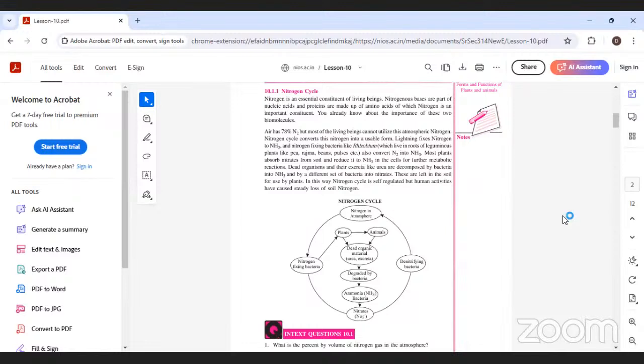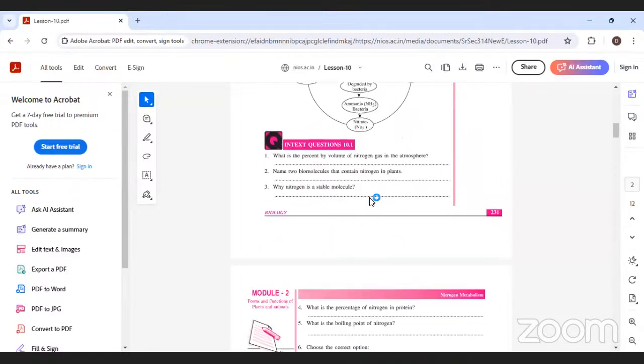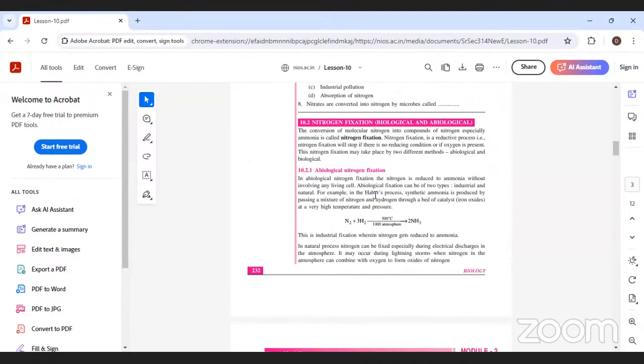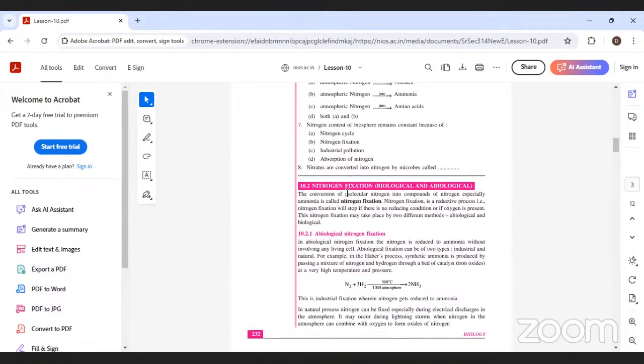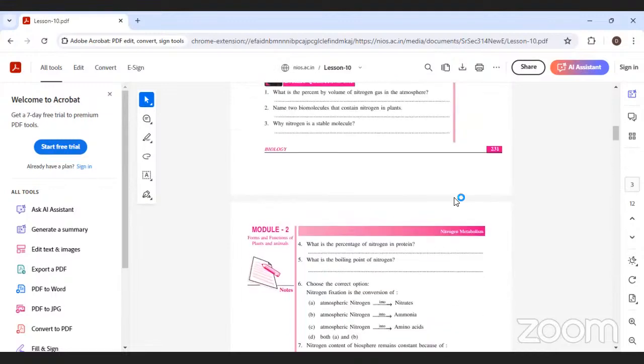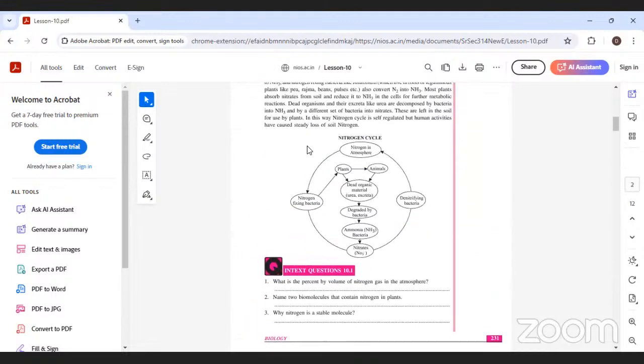The N2 cycle in brief can be assembled from four important processes. One is the transformation of nitrogen compounds, atmospheric and biological. This total is the N2 cycle, and in this N2 cycle, four important processes are there.